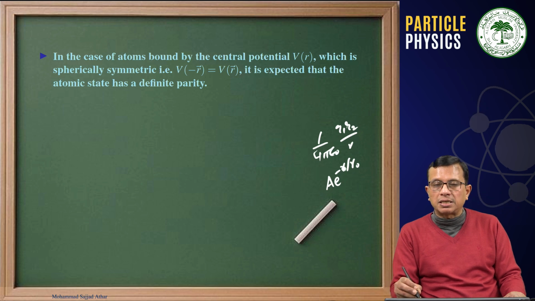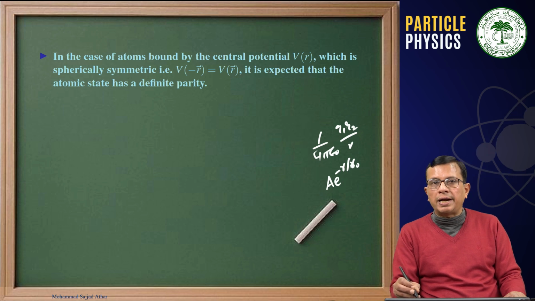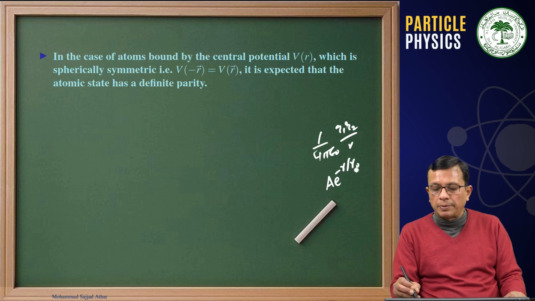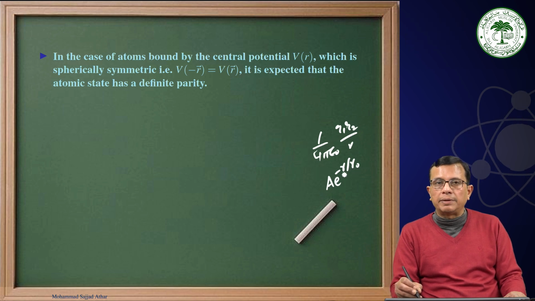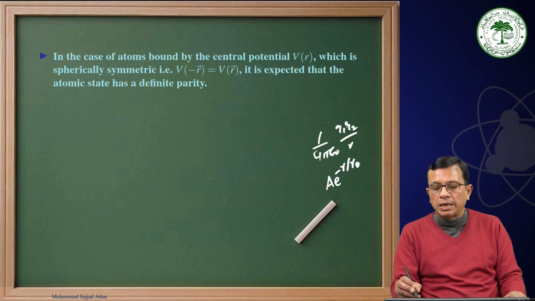If r is the distance, which is generally in meters or centimeters or Fermi or angstrom, then we have to add a quantity here, and that quantity I am calling r0, where r0 has the same dimension as that of r, but it is a constant quantity. r is going to vary, r0 is not. r0 is not going to vary, it is a constant, and therefore this is an example of an exponential potential.